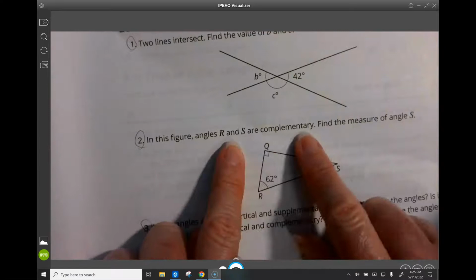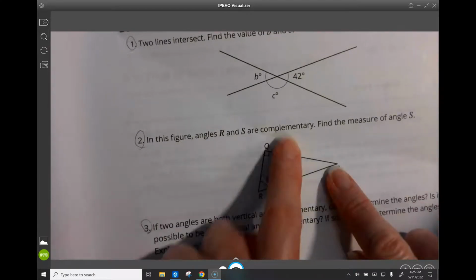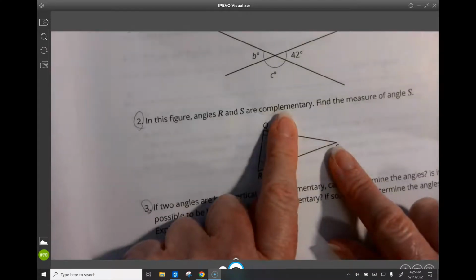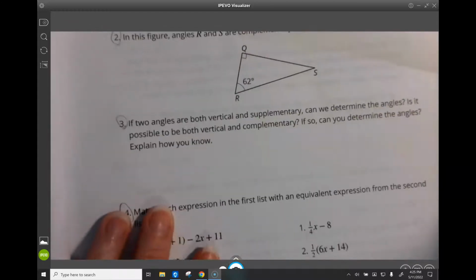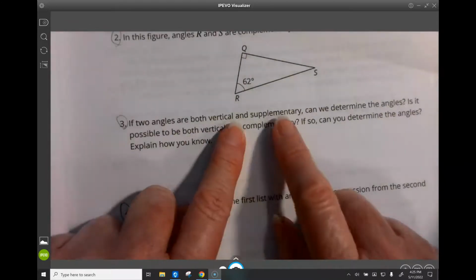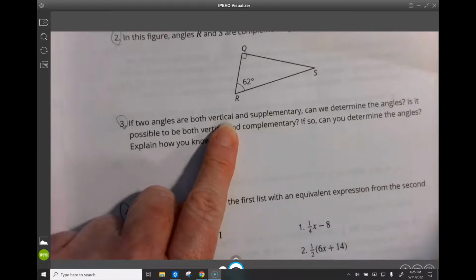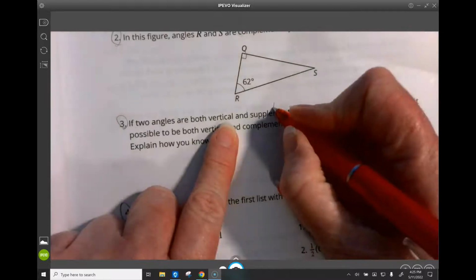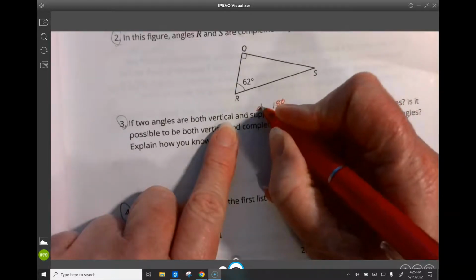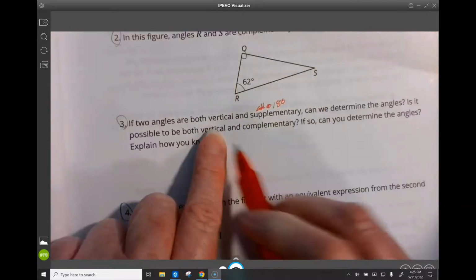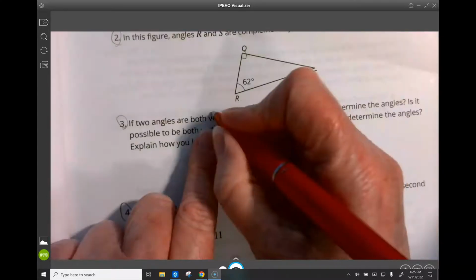It says R and S are complementary. Find the measure of angle S. Complementary, what does that mean? 90 degrees, exactly. Now it says if two angles are both vertical and supplementary. Well, what do we know about supplementary? That has to add to 180. Vertical means that they have to have the same measure.